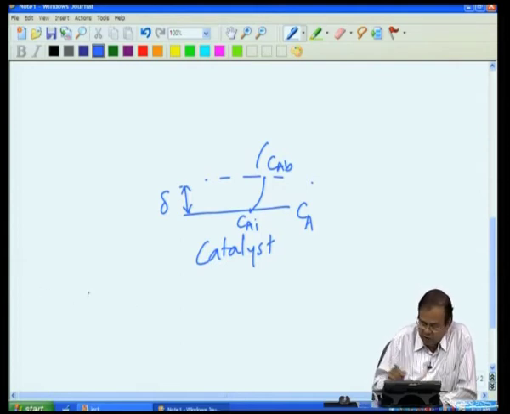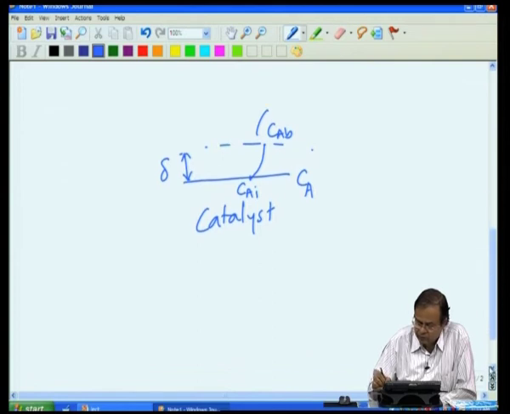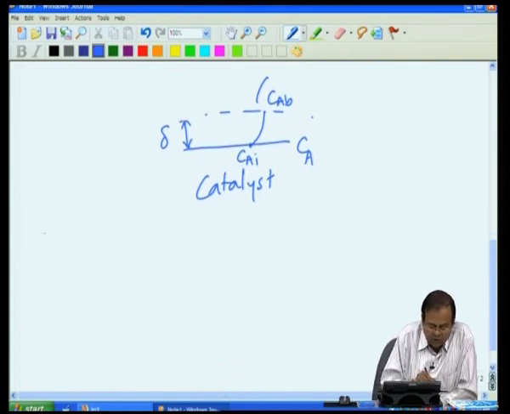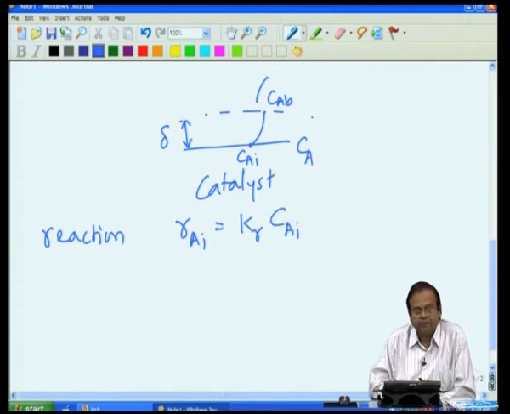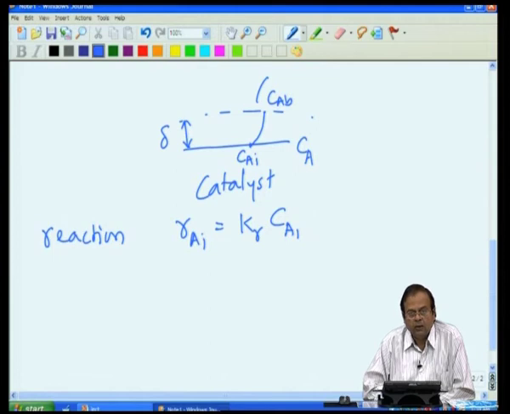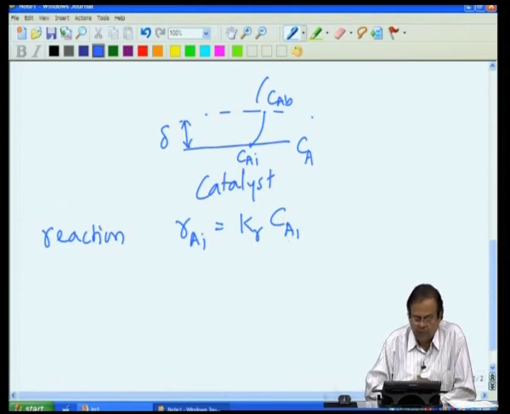So, on the surface the reaction is at a rate RAI equal to, let us say, some rate constant Kr times CAI. We do not know what this CAI is at the moment, but let us say that concentration is some concentration CAI, and the reaction is taking place with that rate.